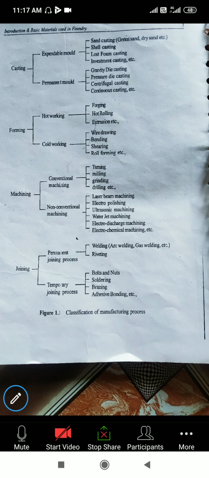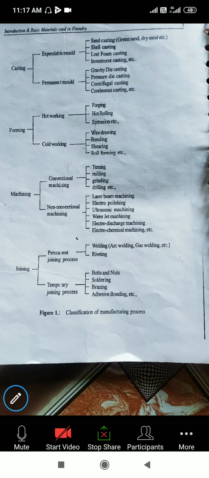Different types of operations are carried out: by milling you put in gear cuts, by turning you get flat round circular surfaces, by grinding a flat and smooth surface, by drilling you put in holes, or you can do tapping for threading purposes. These are the different operations carried out in conventional machining.